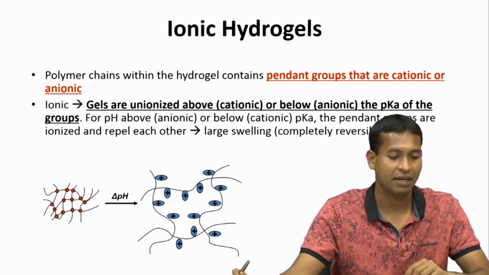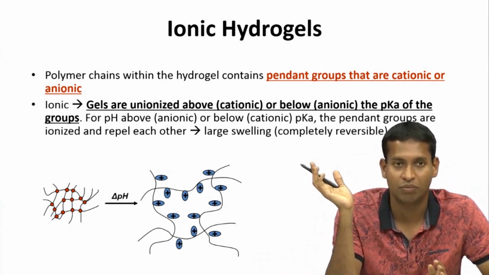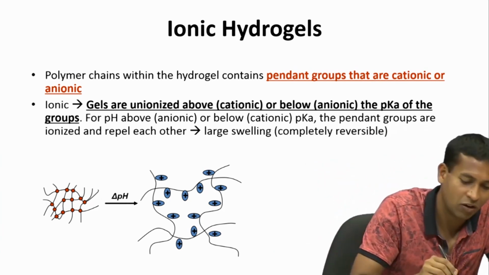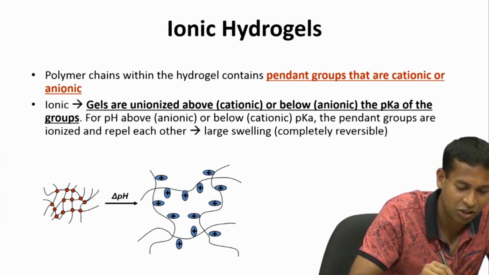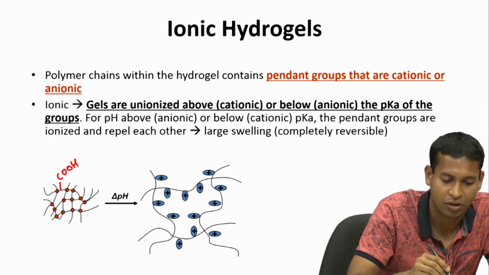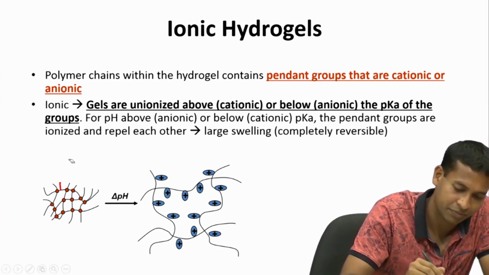So an example here, let us say these chains were initially all bonded together and they are fairly stable, but along with these cross linking places there is a functional group, let us say carboxyl, or let us say amine, let us say amine in this case.